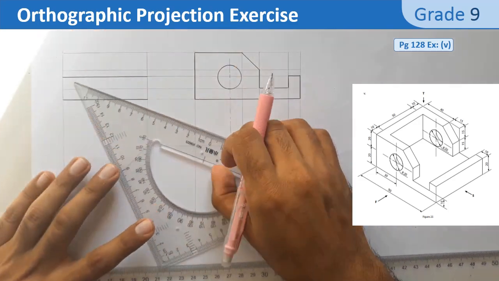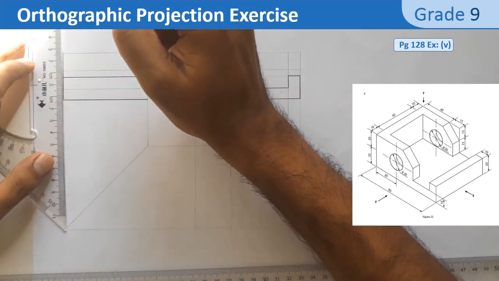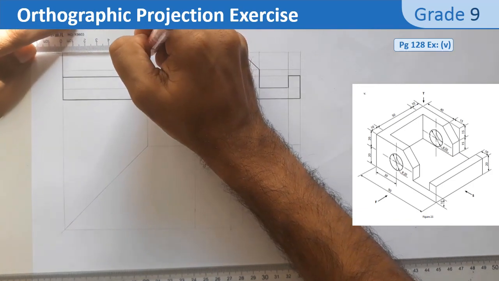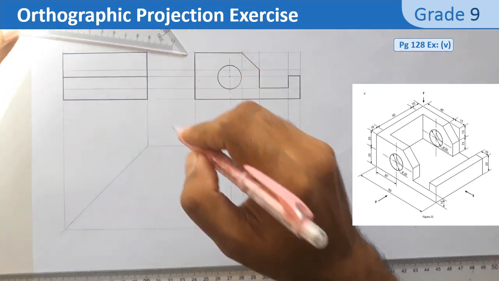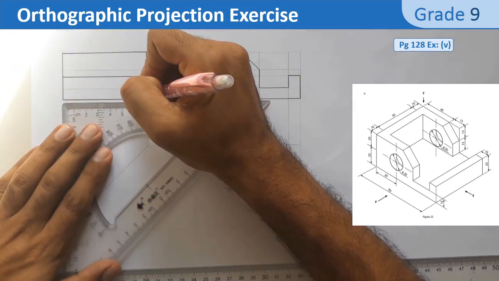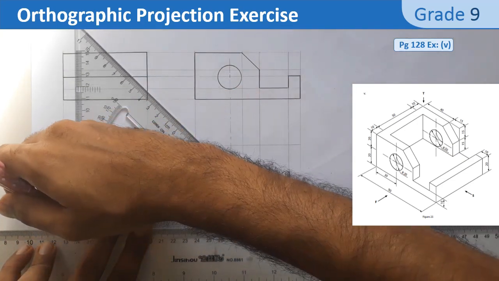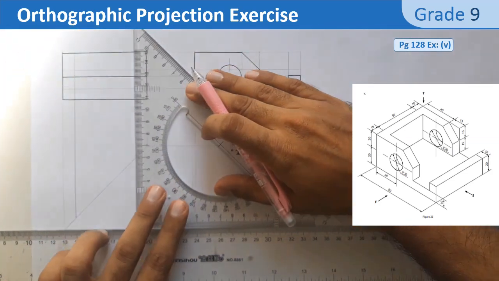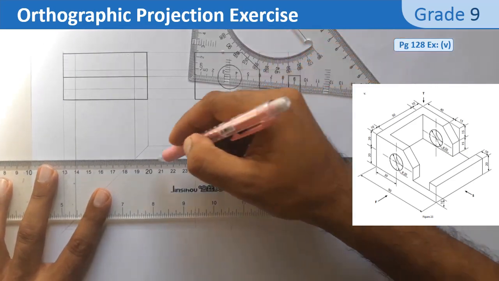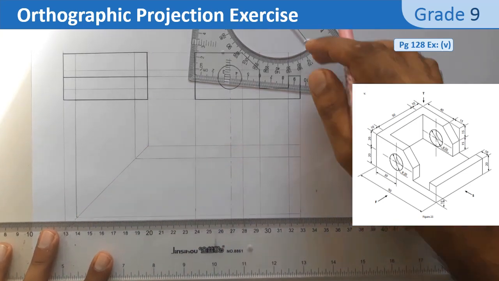Now I move to the side view. The projection lines will be elongated till they reach the middle line and go through the top view.